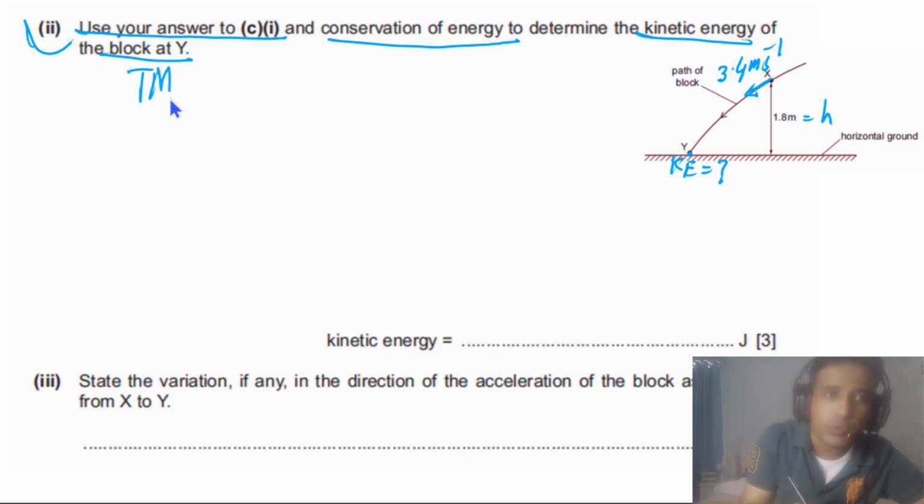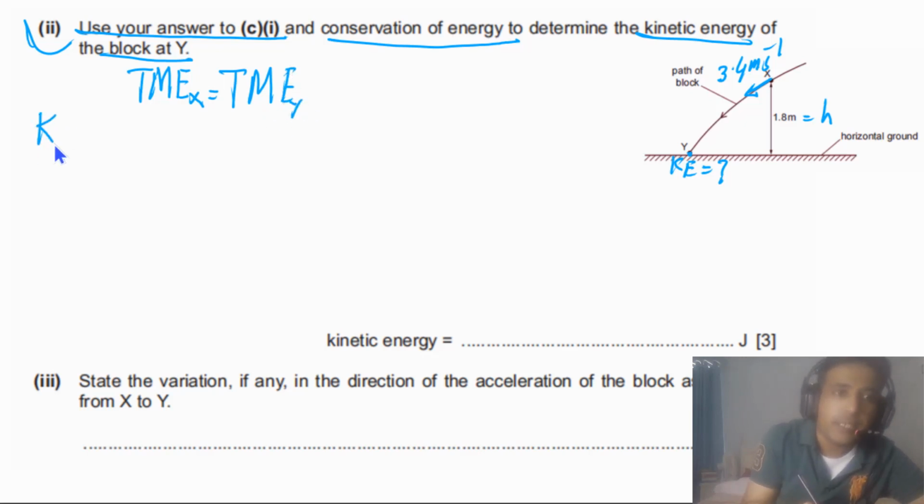So we can simply say total mechanical energy at X has to be equal to total mechanical energy at point Y. And mechanical energy is the sum of kinetic energy plus GPE, means gravitational potential energy.